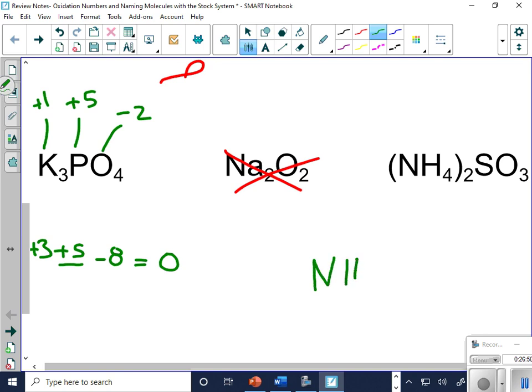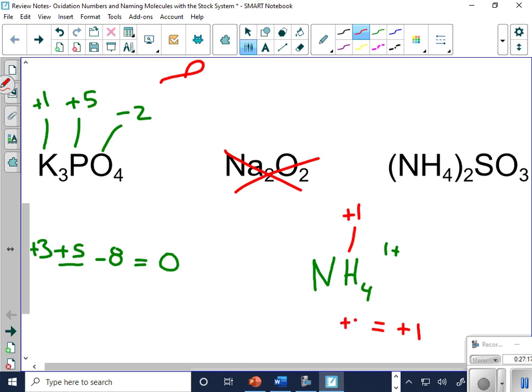I know that ammonium has a 1+ charge, right? I can look on my ion sheet. Ammonium is 1+. So I can do ammonium by itself and say, all right, everything's got to equal +1. I know hydrogen right there is a +1 because hydrogen is not with a metal, so it takes a +1.